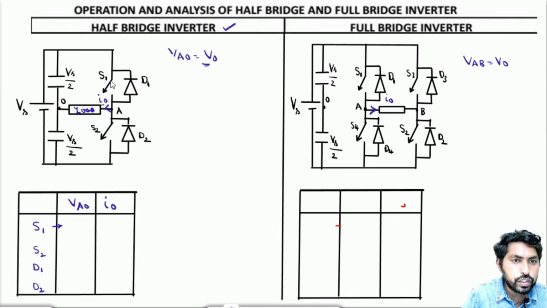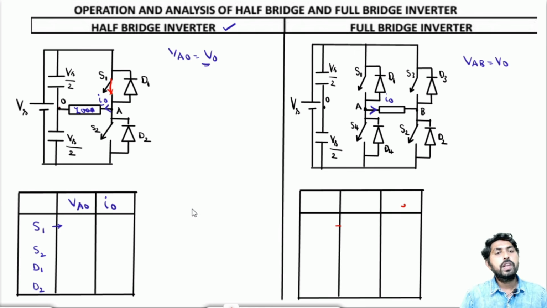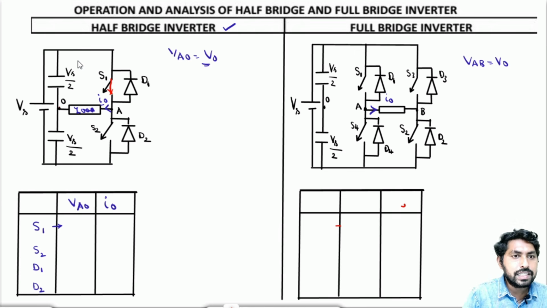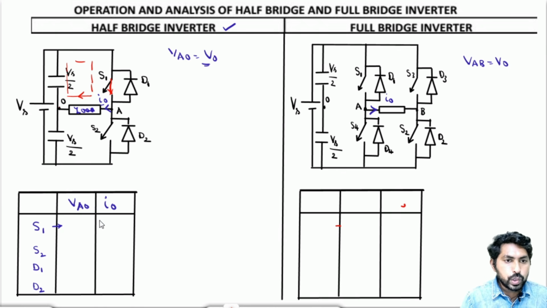Let me close the switch of VA0. I should close the switch in this direction, so the current flows in this direction, from top to bottom. The assumed direction of I0 and the actual current direction are both the same, so I0 will be positive.